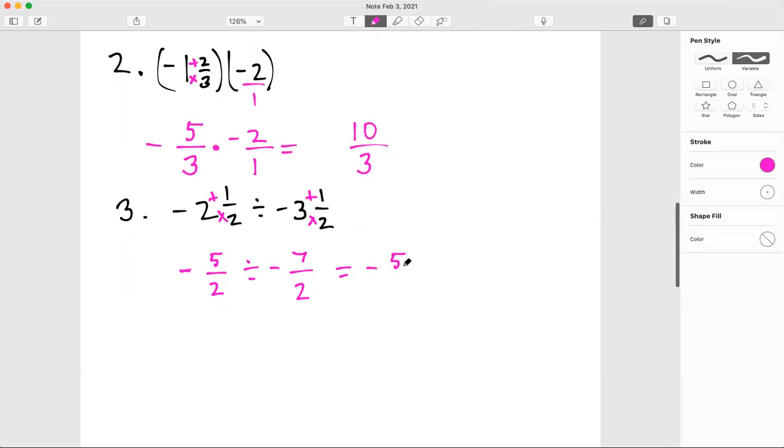So the first one stays the same, times 2 over 7, but it's negative. Negative 2 over 7, I'll put that in parentheses. Equals, okay, so 5 times 2 is 10. 2 times 7 is 14.